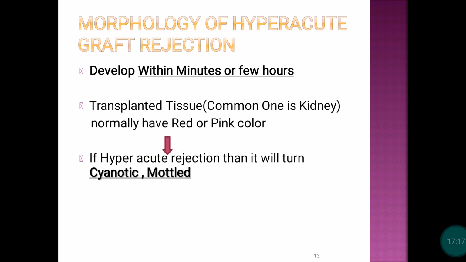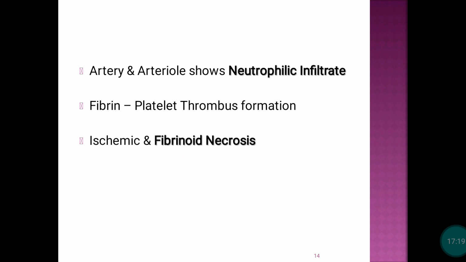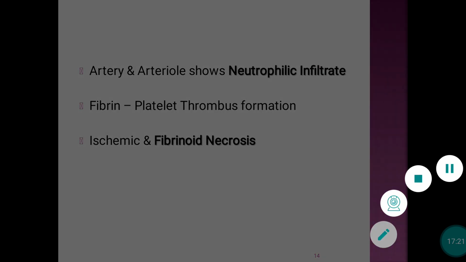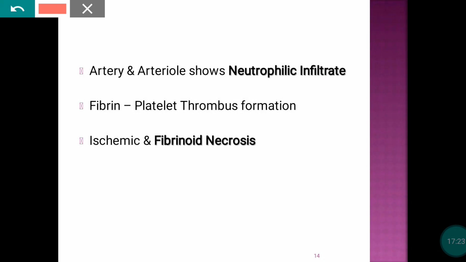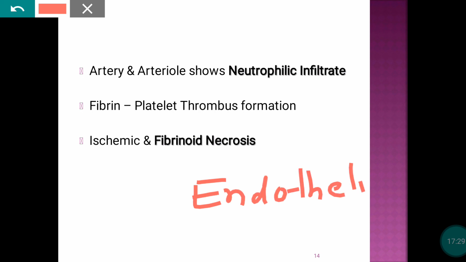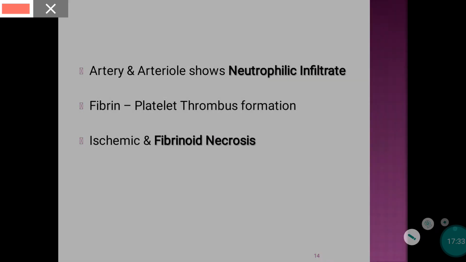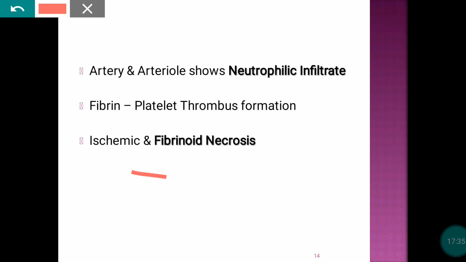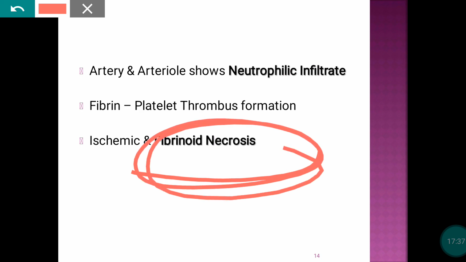What you can see microscopically, as it involves the arteries, there will be pre-formed antibody and this antibody will particularly lead to endothelial injury, right? So what happened? There will be vasculitis and you can see the fibrinoid type of necrosis.